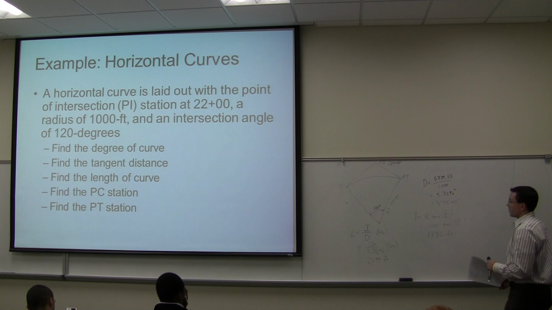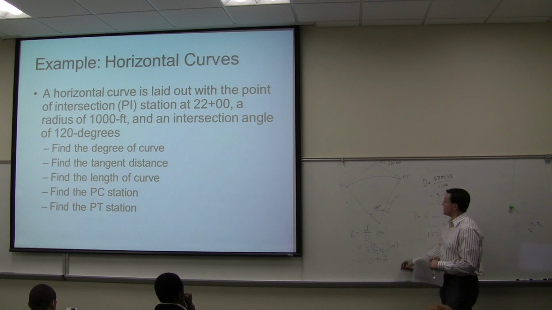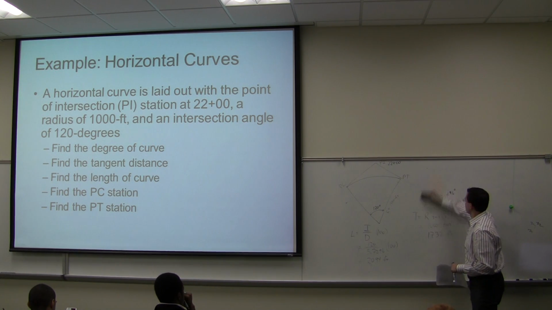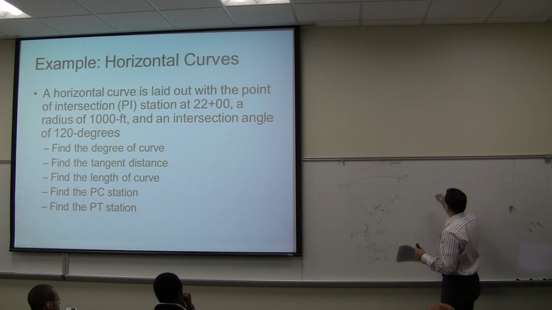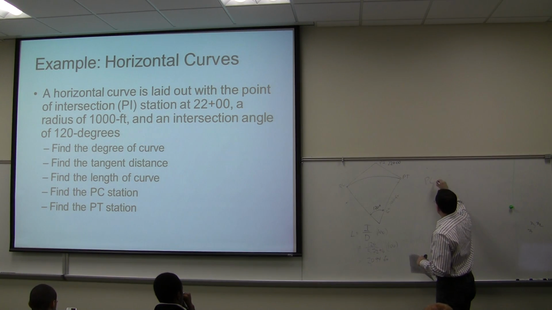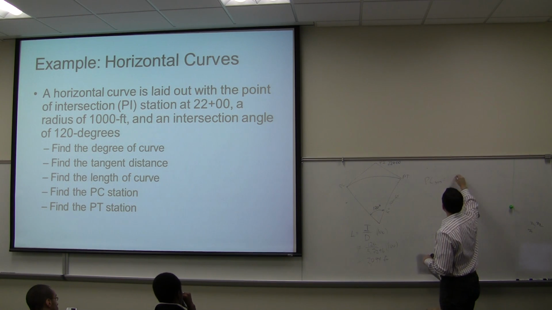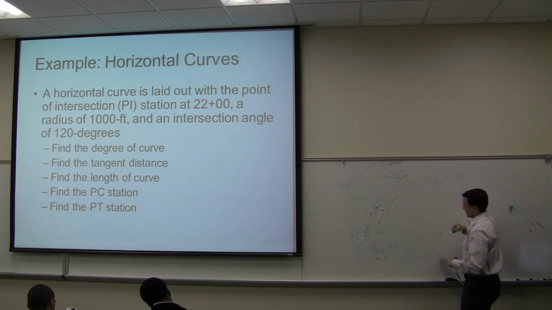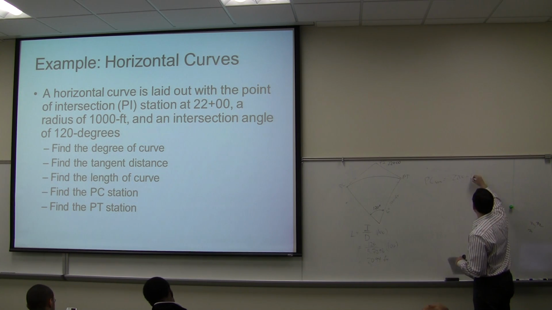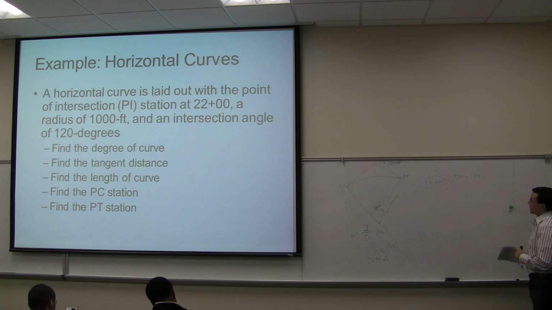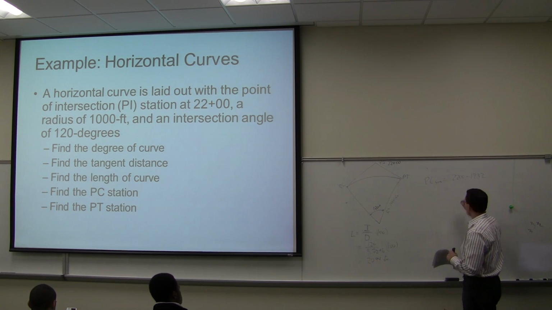And then finally, the PC station and the PT station. So PC is going to be equal to what? 2,200 minus T, 1732. What's that give you? 468. What is it? 4+68.